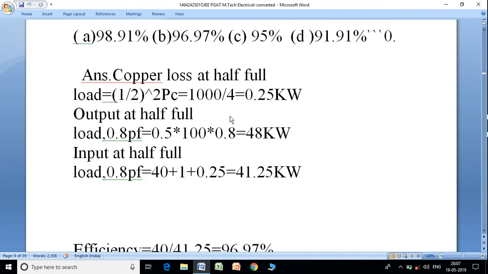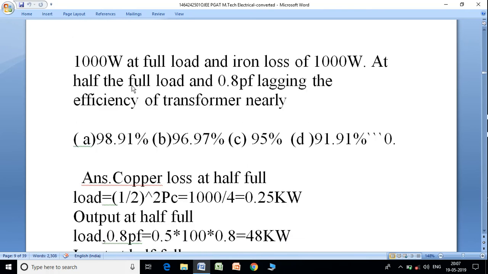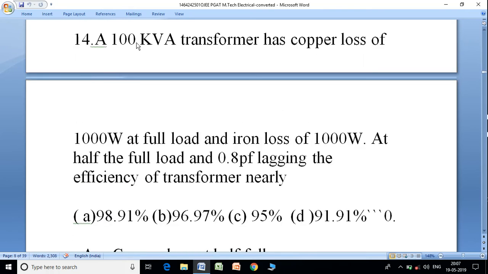So output at half full load at 0.8 power factor is equal to half into 100 into 0.8, that is 40 kilowatt, because it is already given that it is 100 kVA.